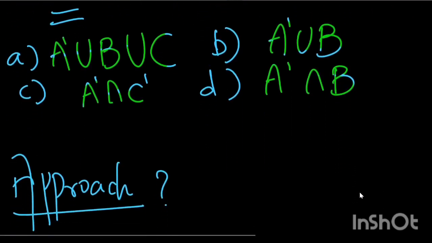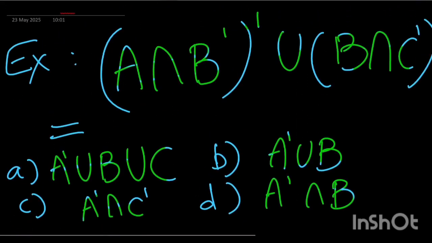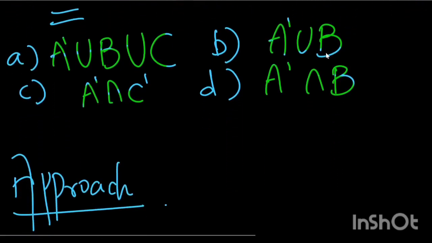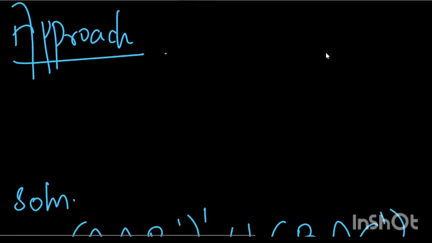What should be the hint to this problem? As you can see, the complement is involved, so we will start again with De Morgan's law. Since unions and intersections of three sets are involved, we will go for associative or distributive, whichever is applicable while solving it. So the approach is the same.